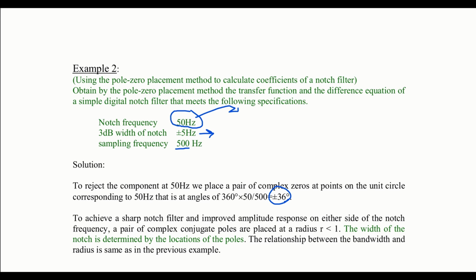Now, the issue is we got only one angle, 36 degrees. So we place a zero at the opposite side, minus 36 degrees, to get the conjugate. So it means that our angles will be one at 36 degrees, the other at minus 36 degrees. But the issue here is that we've now gotten our zeros, but we don't have our poles.